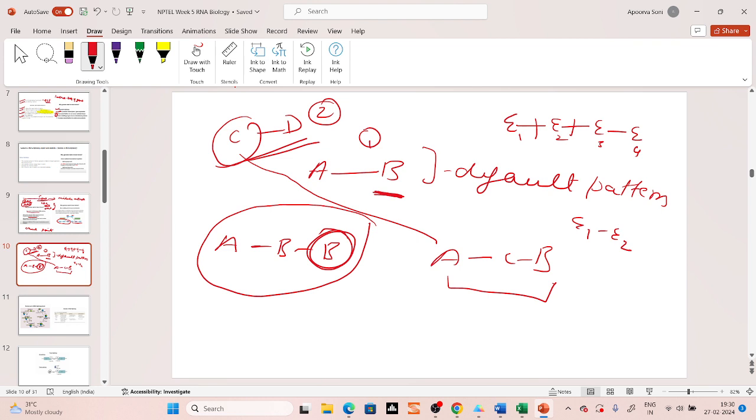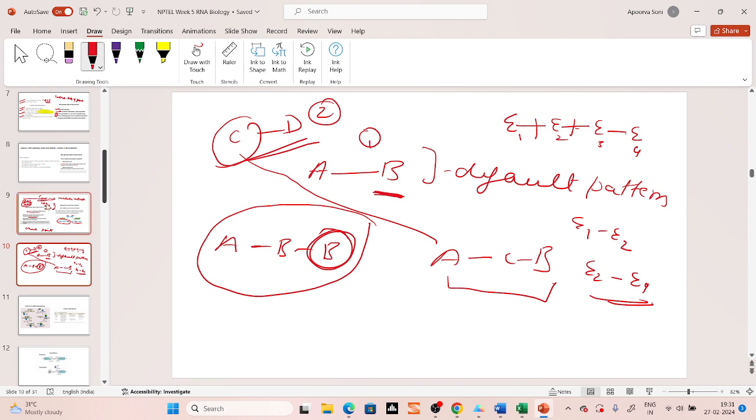If this and this get looped out, we have E2, E4. So basically the pattern in which the exons will combine, either normally or getting duplicated, going to the same gene, going to another gene, it all depends upon the way in which introns are getting spliced out.